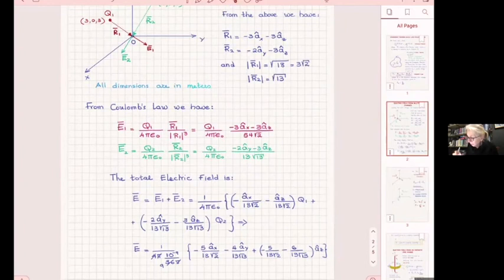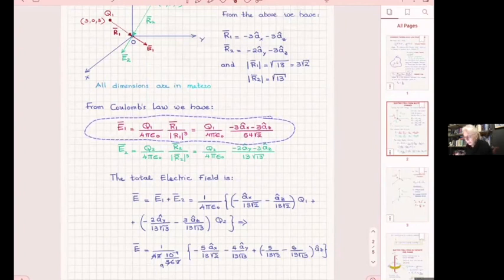I used this equation that we found before. You remember this equation we found just before? I used this to find the electric field E1 at point O from charge Q1. And I calculated R1 as a vector, all right?